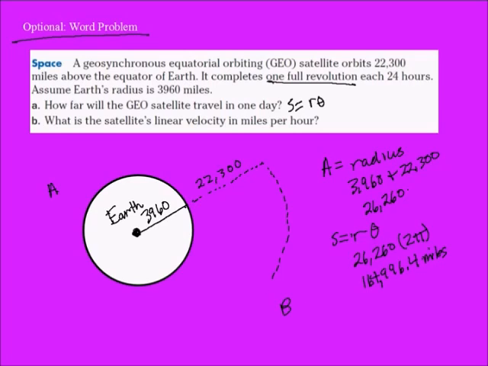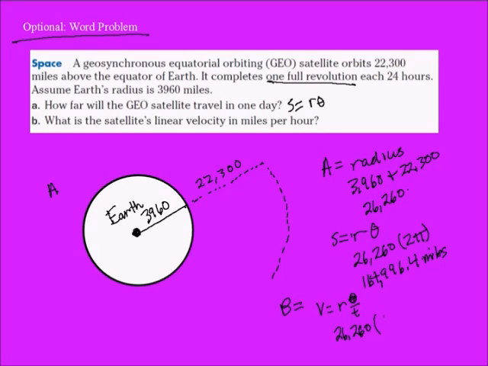B is, what is the linear velocity? Okay, so the linear velocity, remember, is V equals R theta over T. Try to get that theta going here. And so we know what the R is, 26,260.